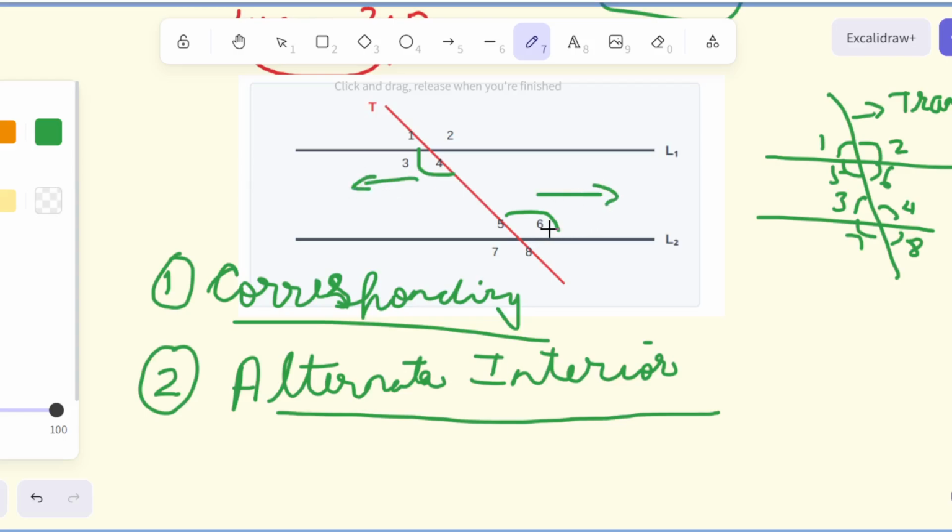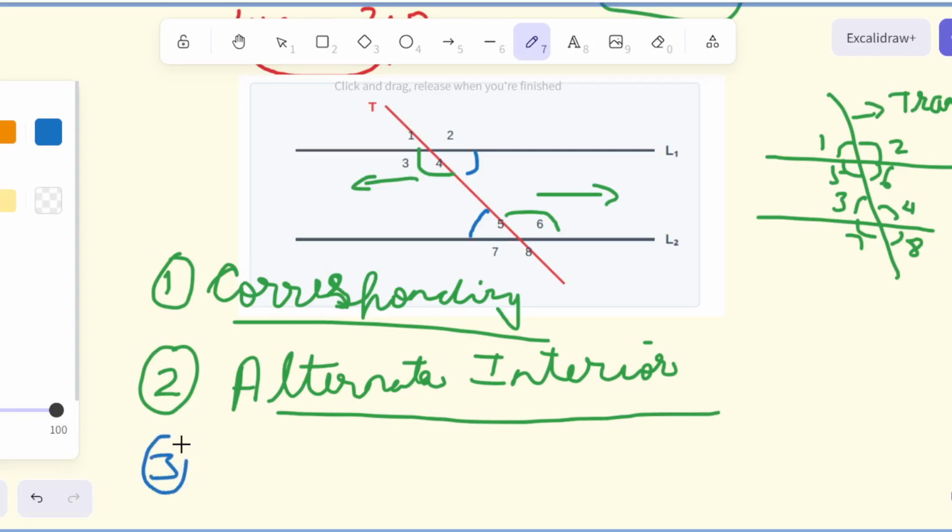These are alternate interior angles because they are inside the parallel lines. So 3 and 6, and 4 and 5 are alternate interior angles, right? And they are also equal. So the exterior would be like 1, 2, 7, and 8. Very good.